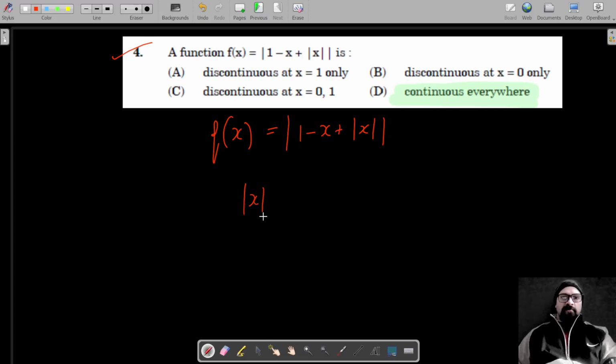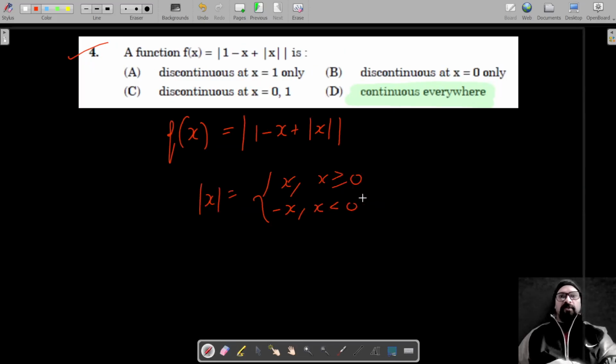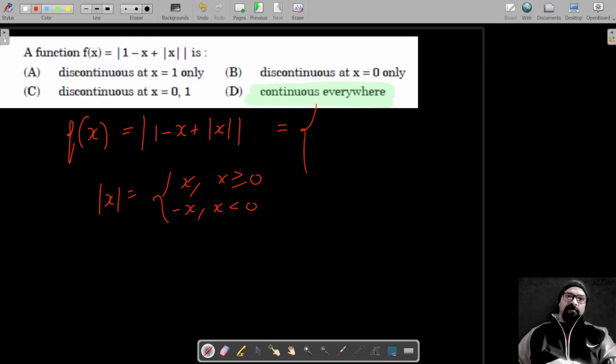Now we know that the modulus function is x when x is greater than or equal to 0, and it's negative x when x is less than 0. So let's try to break this function for these two values of x.